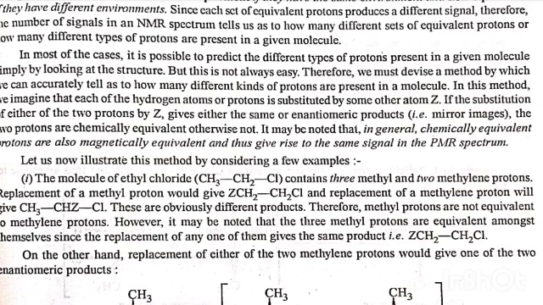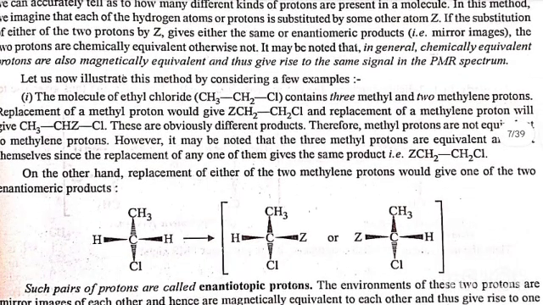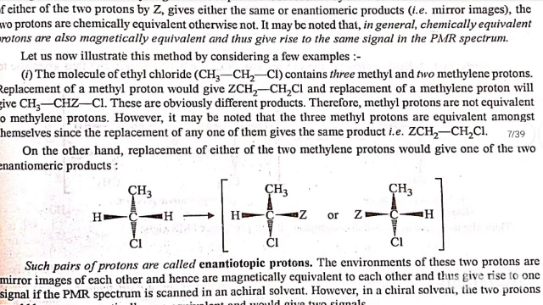In this method, we imagine that each of the hydrogen atoms or protons is substituted by some other atom Z. The substitution of either of the two protons by Z gives either the same or an enantiomeric product. The two protons are then chemically equivalent, otherwise not. It may be noted that in general, chemically equivalent protons are also magnetically equivalent and thus give rise to the same signal in the PMR spectrum.